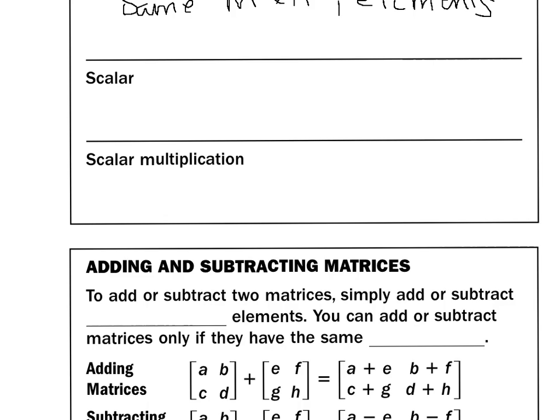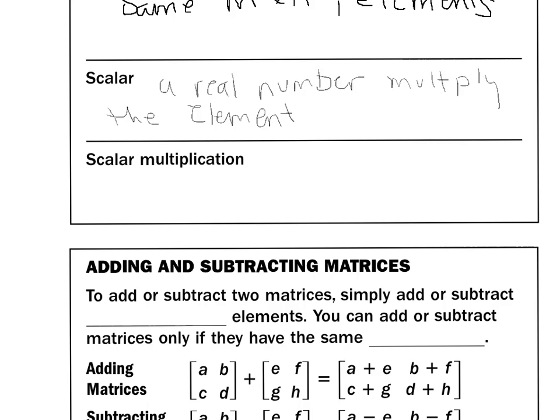A scalar is a real number that you multiply the elements in a matrix by. And scalar multiplication is just the process of multiplying it. Okay.